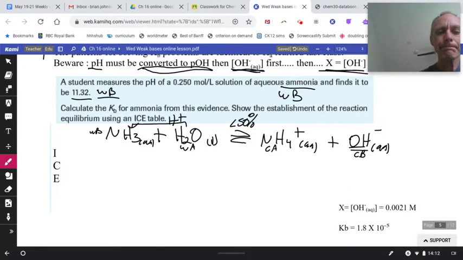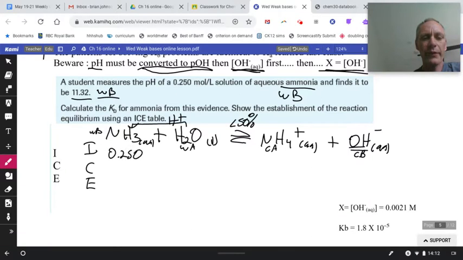Okay, so we need some numbers here. We've got an initial concentration of 0.250. Water is a liquid, has no concentration, so we ignore it. Initially, we don't have any product, but as soon as this stuff hits water, it starts to react and moves forward.